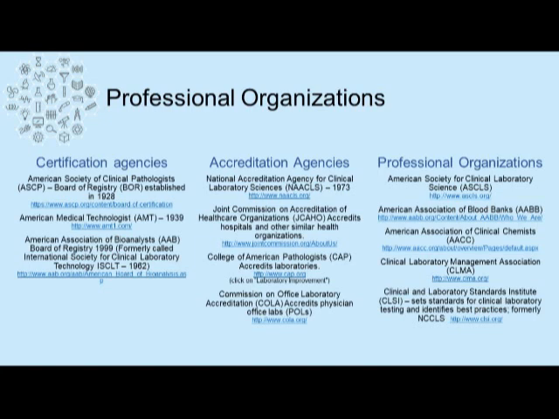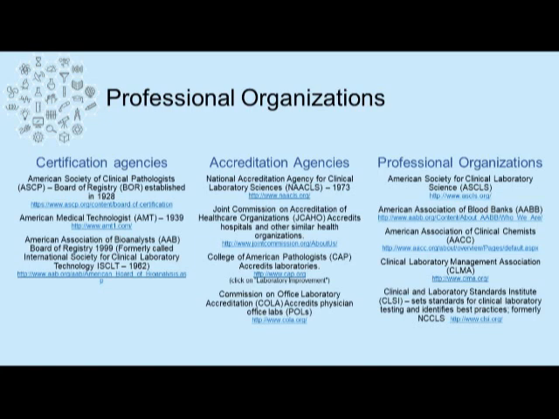Accrediting agencies include the National Accrediting Agency for Clinical Laboratory Sciences, or NAACLS, and the Joint Commission. Previously, the Joint Commission on Accreditation of Healthcare Organizations, or JCAHO, it is now known as the Joint Commission. Additionally, there is the College of American Pathologists and the Commission on Office Laboratory Accreditation, or COLA.